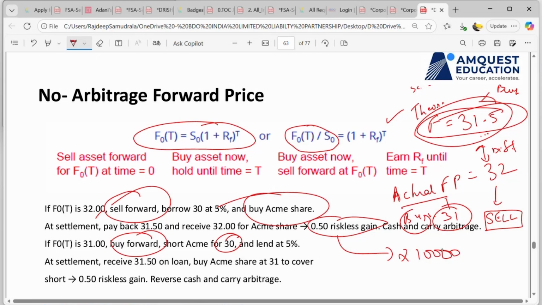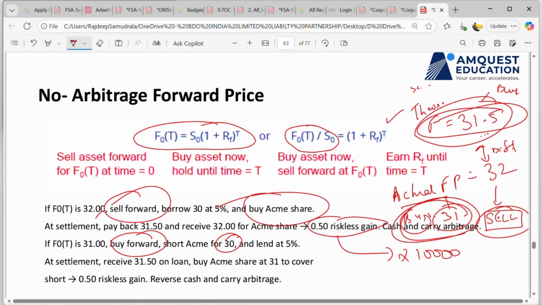Right? Because remember, the share was shorted. So here you bought at 31. After 1 year, you'll go and pay 31, but you receive 31.5. You made 0.5. Here you bought today at 30, you pay 31.5, and you'll receive 32.